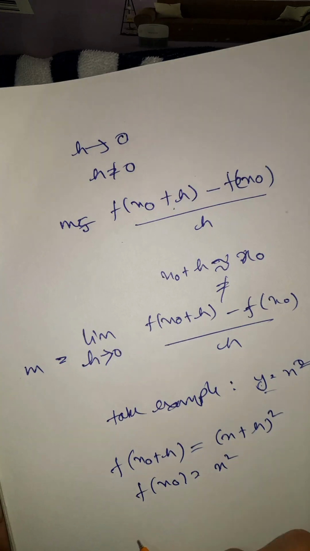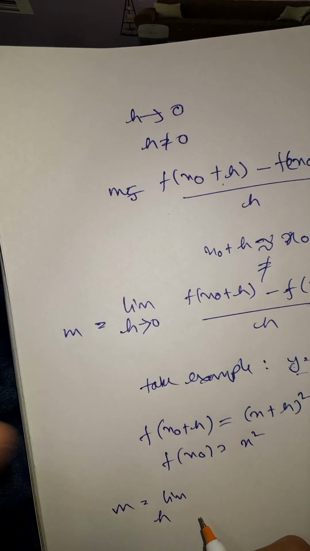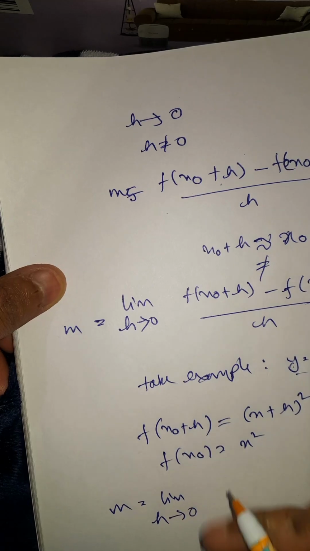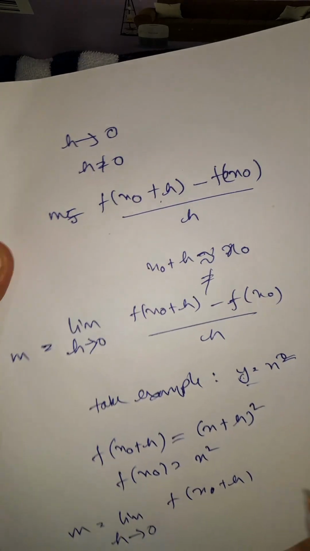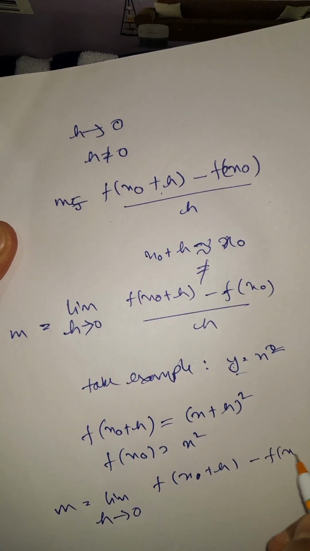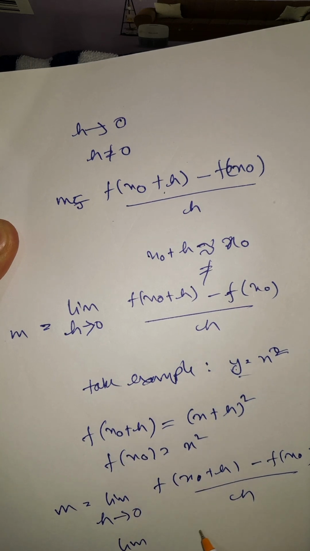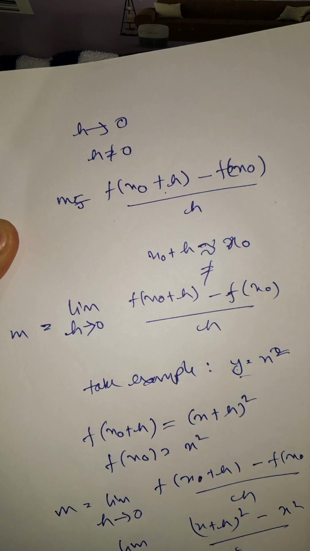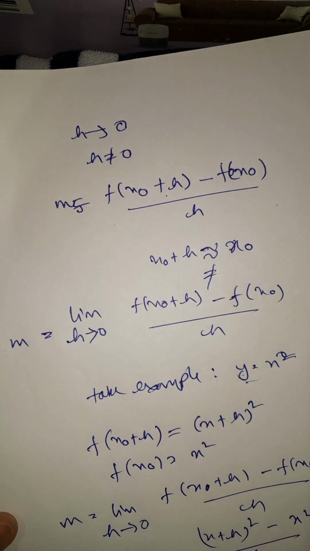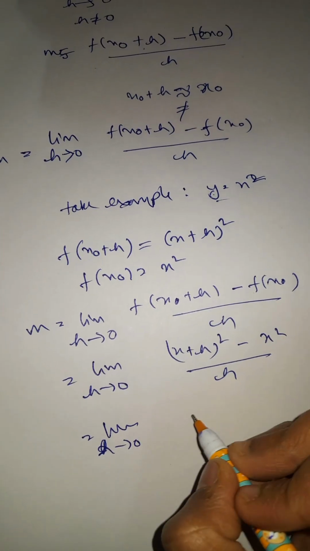So for this we will put m equals limit h approaches 0 of f(x plus h) minus f(x) by h, and the values will be x plus h whole square minus x square upon h. For this we'll simplify the function as h approaches 0.